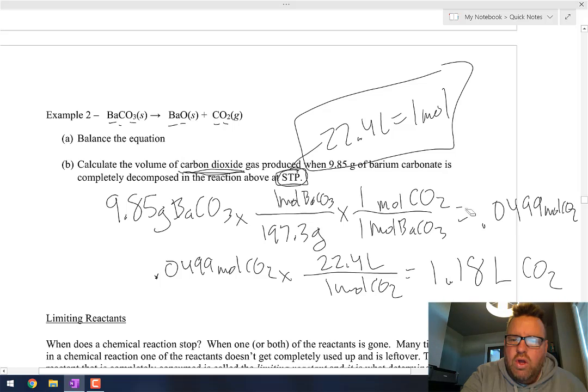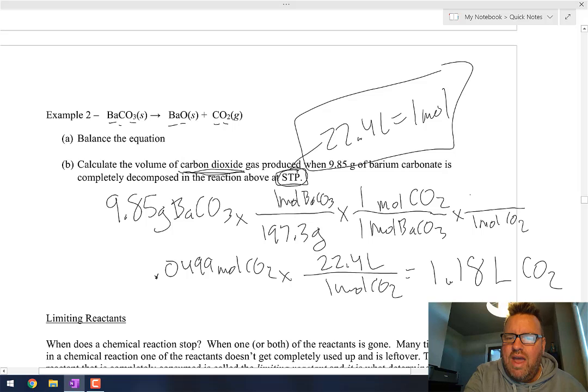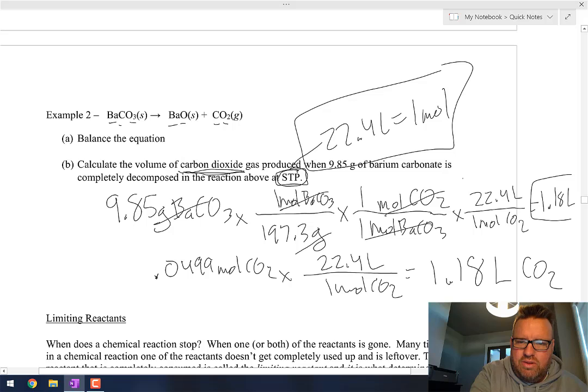Now, instead of even stopping right here and getting an answer, theoretically, just like I could have converted moles to grams, could I have just kept going here and said 1 mole of CO2 has a volume of 22.4 liters? Absolutely I could, and that still is obviously going to give us the same answer of 1.18 liters. Because remember, the whole time we're doing this, we're trying to cancel our units.